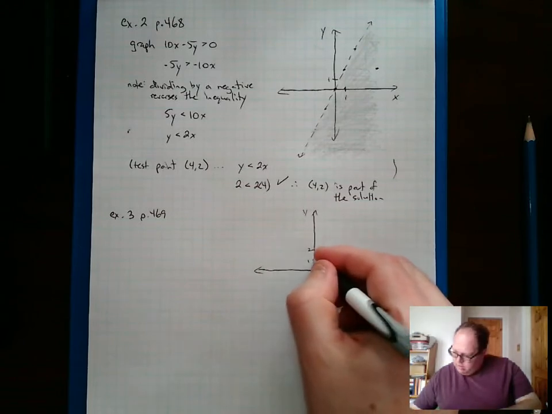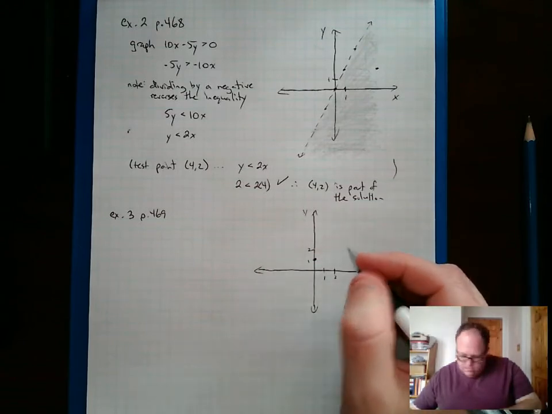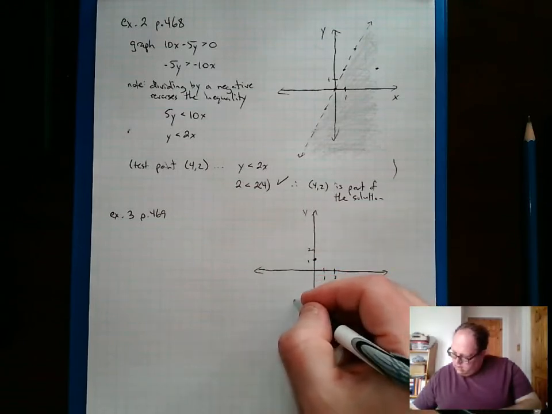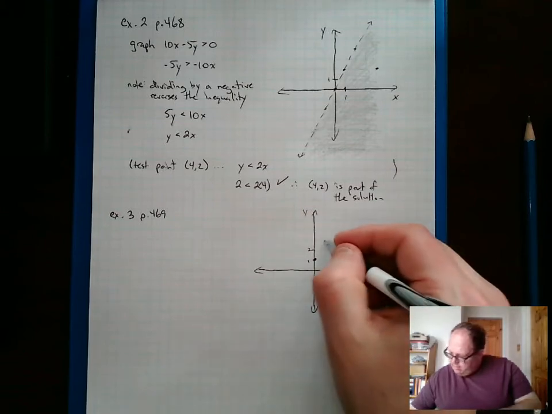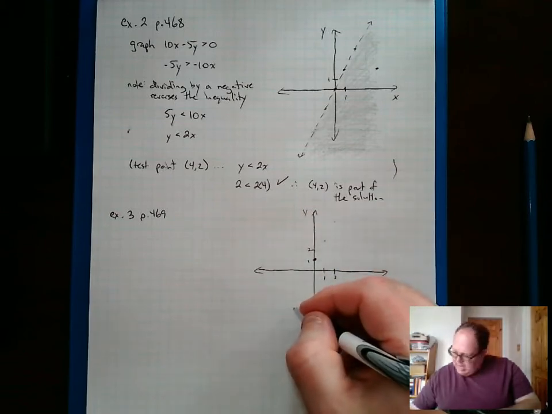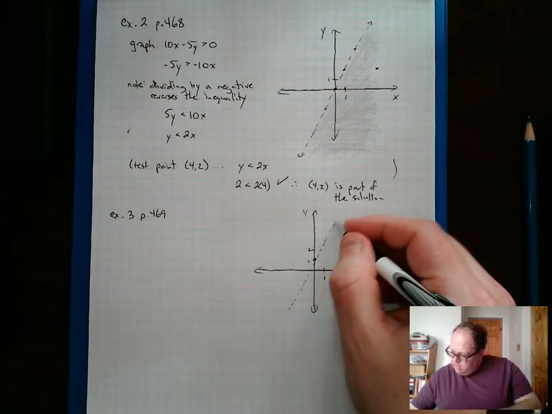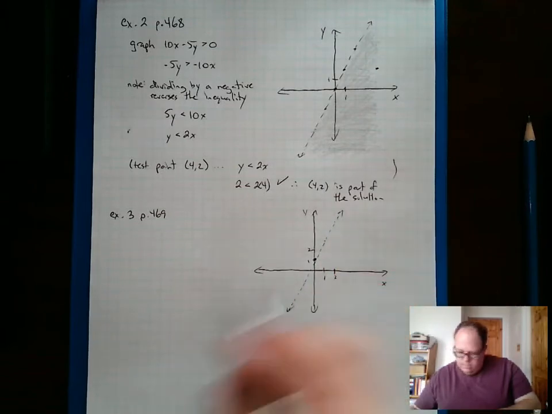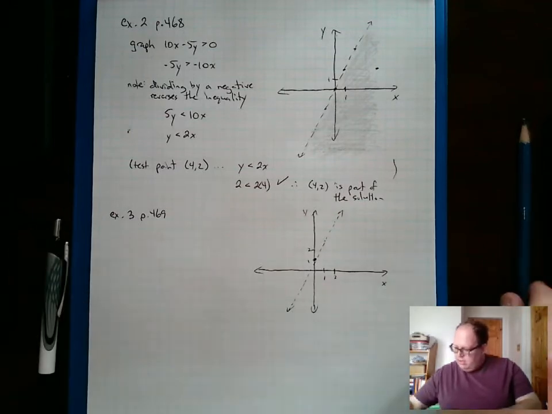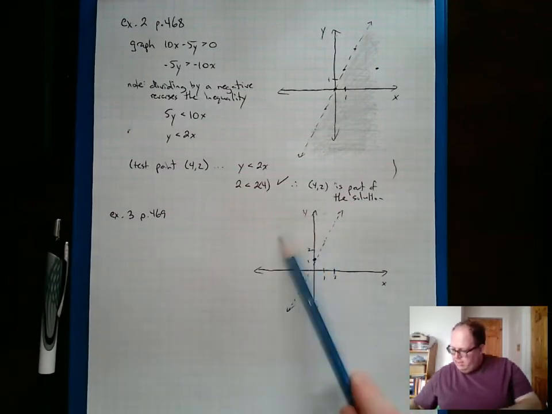If I look closely, I've got a y-intercept here, and it looks like my slope is going like that. It's a dashed line. And the region shaded is the region above the line.